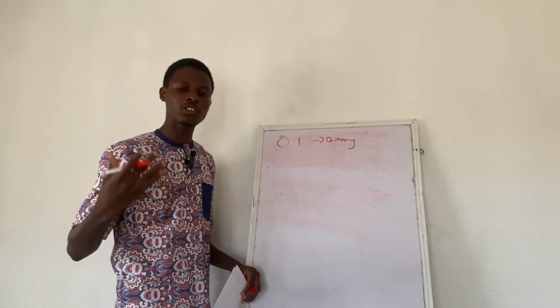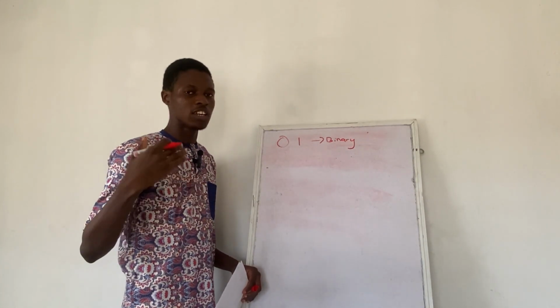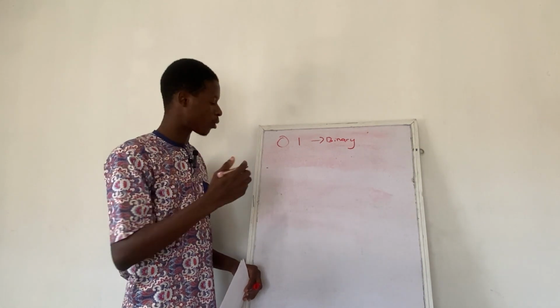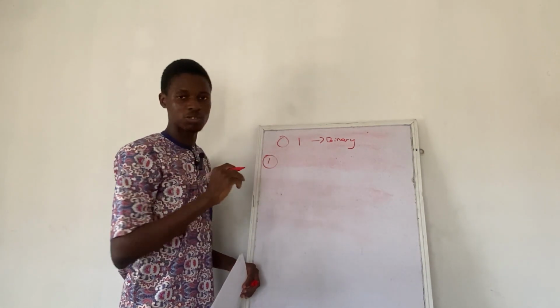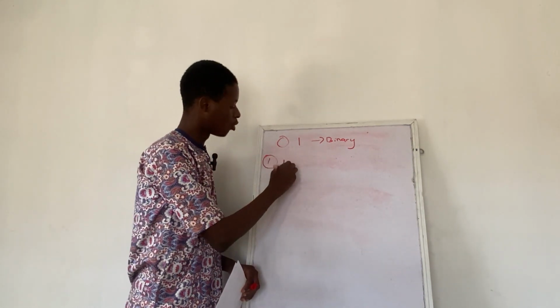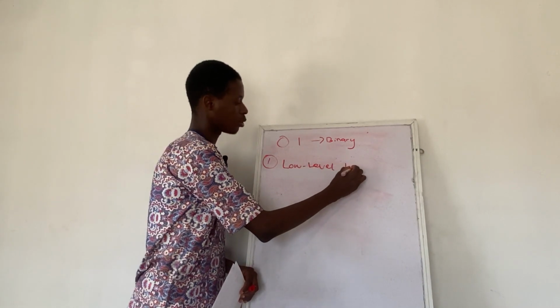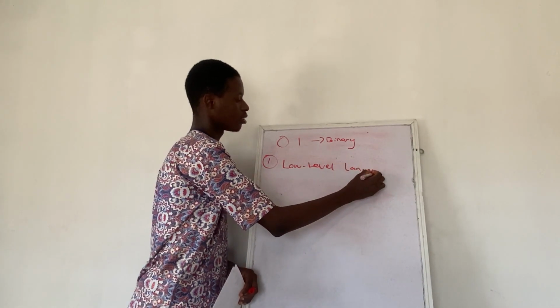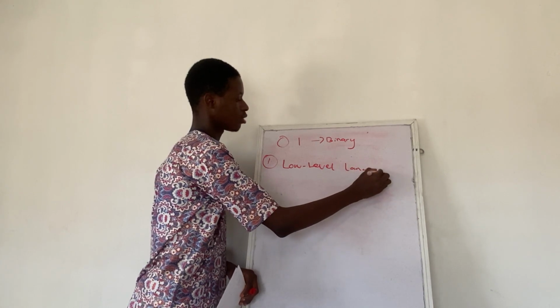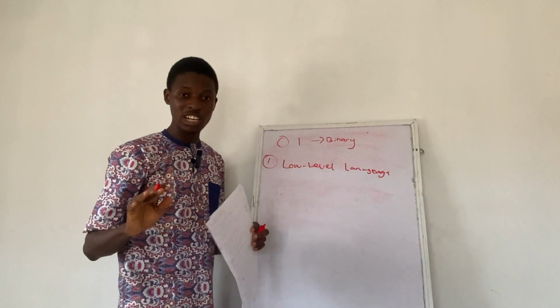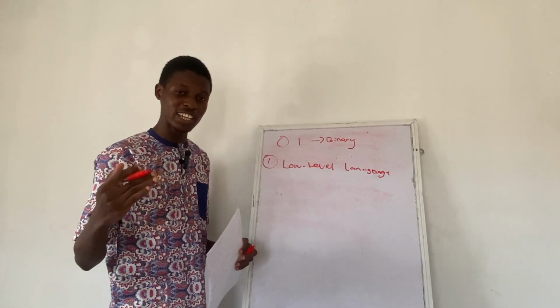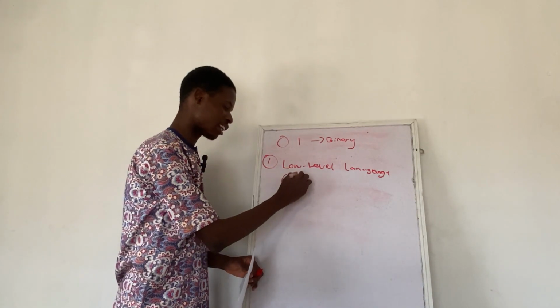So when the first computer was created, for you to communicate with it, you had to use a language called low level language, which controls the machine using 0 and 1.